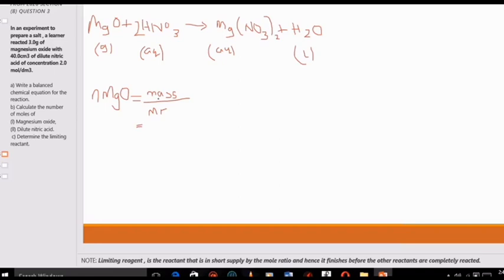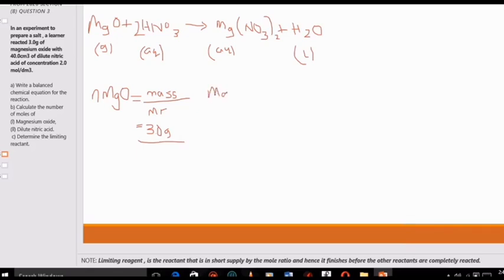The mass they have given us in the question. The mass is 3.0 grams, the mass of magnesium oxide, divided by the relative molecular mass of magnesium oxide.